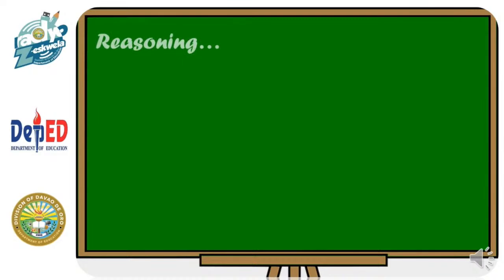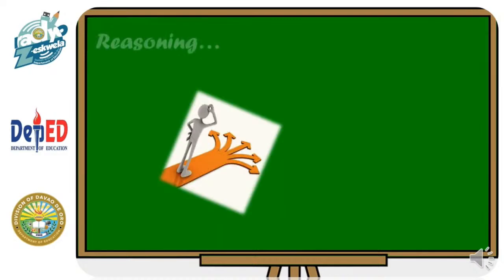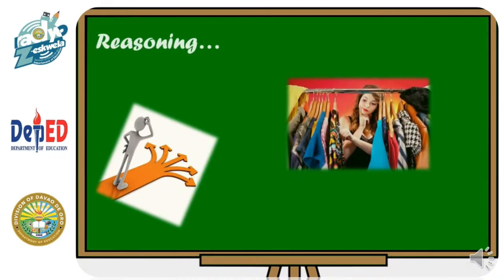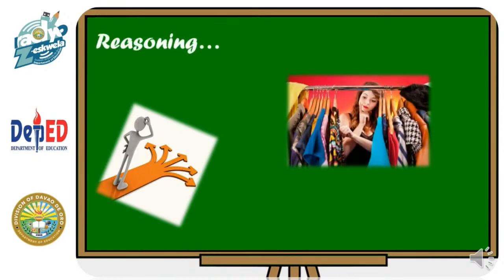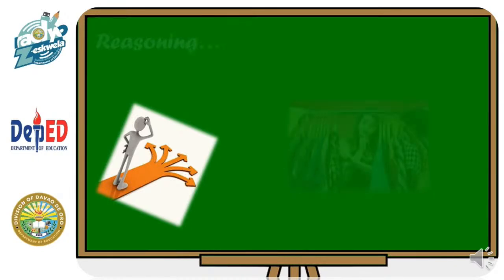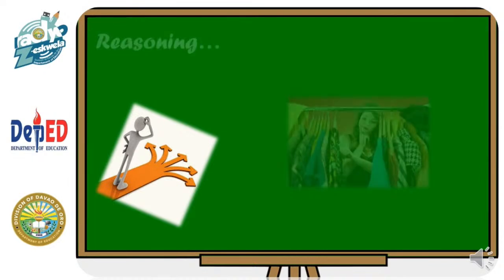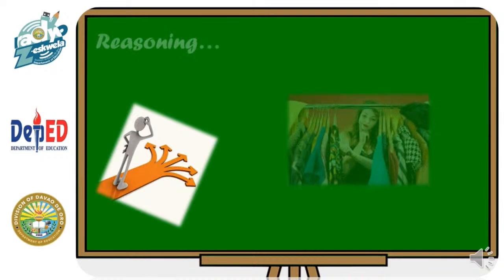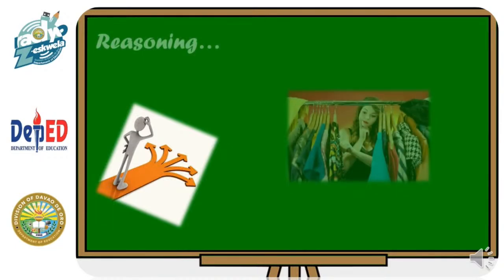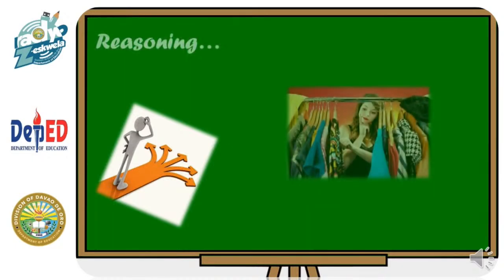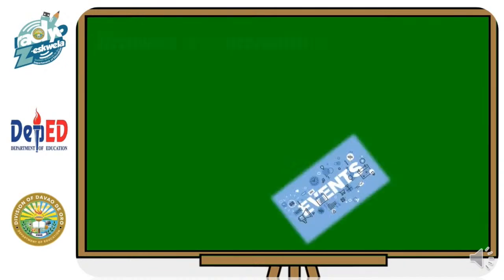Reasoning is part of our daily lives. Reasoning is always involved in making our choices, from the way we choose which route to take in going to school or the pair of clothes we want to wear. In deciding to do certain things, our decision is grounded in reasons.